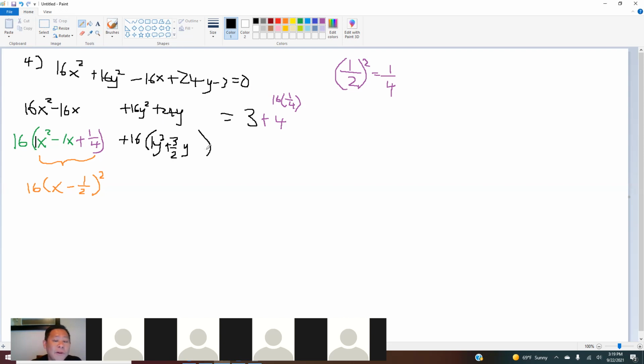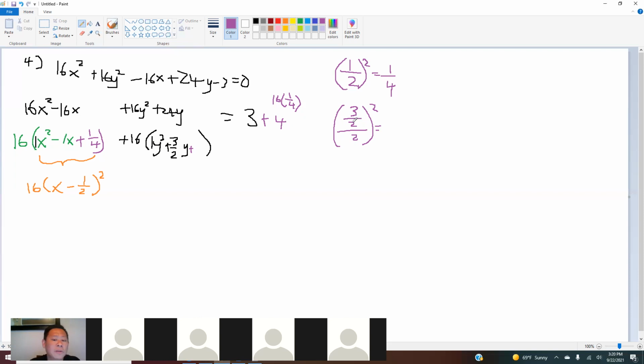Now, we need to figure out what we need to do here, the purple one. You have to take the b term. Last time it was 1. Now it's 3/2. So you take 3/2 divided by 2 and square it. This is for the y term here. You're going to add this below here. So always the middle term, always divided by 2, always square.